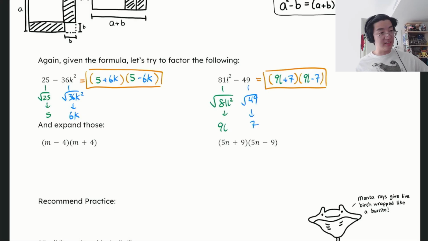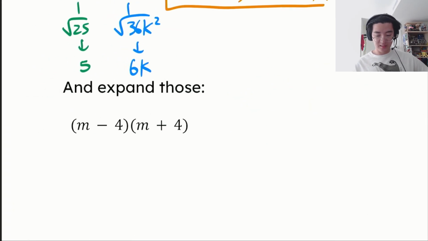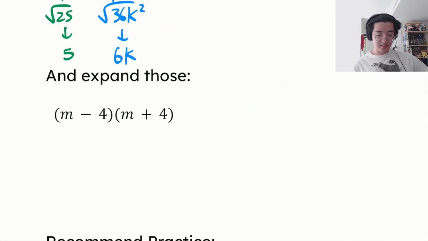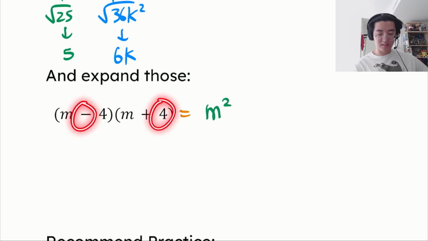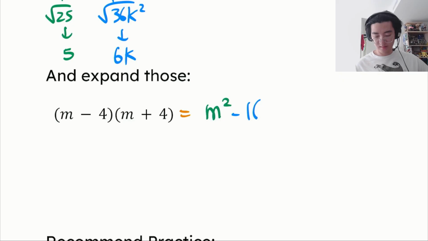And of course, we can easily expand them. It's a number minus a number, times a number plus a number. So we have m squared minus this number squared, which is 16.